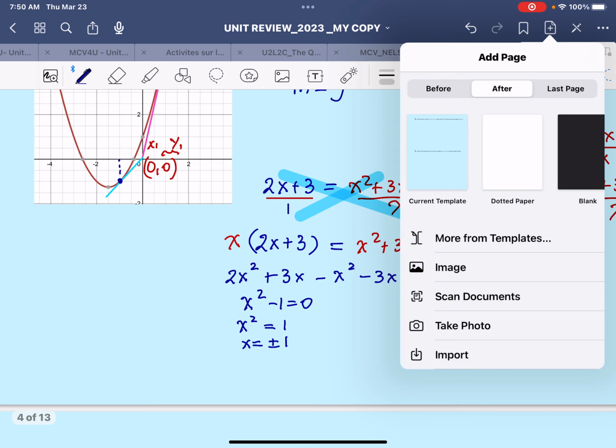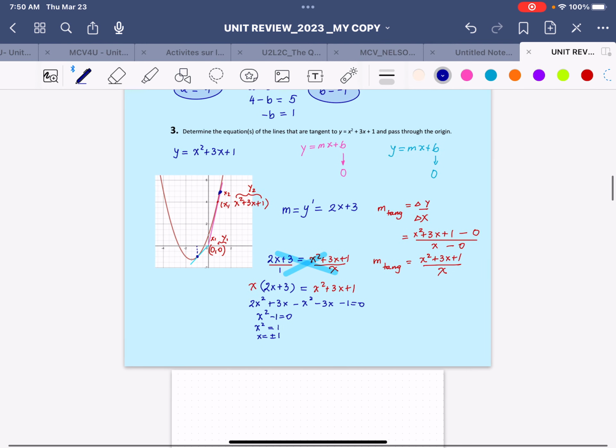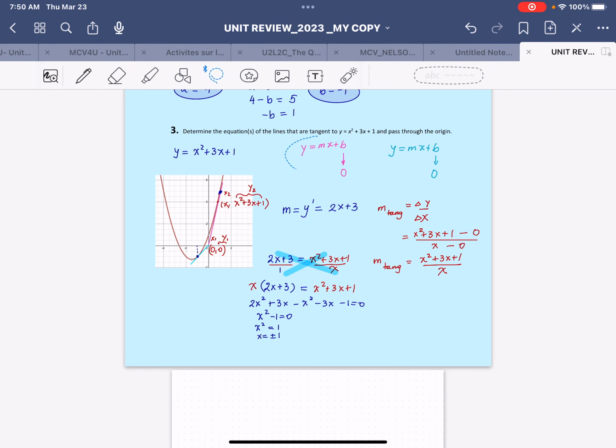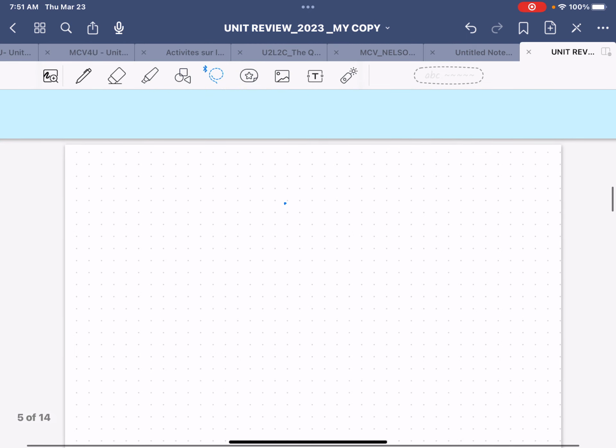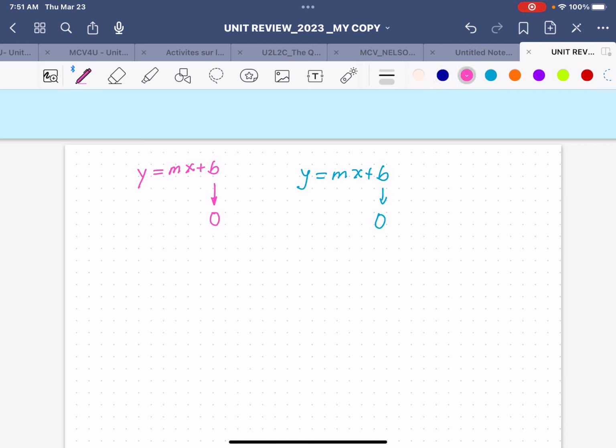So we'll get started with the slope of the tangent first. I will be grabbing again this equation here and this equation here, so both of them. Now remember that we've already figured out the y-intercept. We know that the equation of the first tangent will be y equals mx, and so will the equation of the second tangent line, but their slopes will be different.